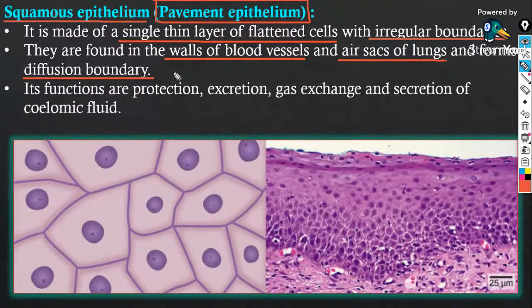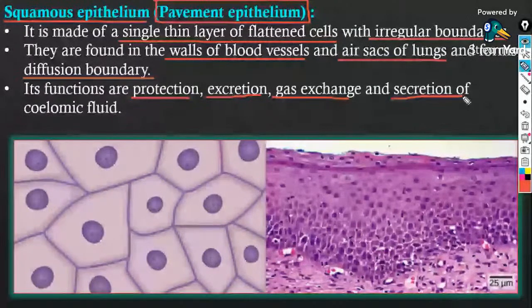From this part you will get questions like: name the type of epithelium present in the walls of blood vessels, or found in the air sac of lungs, or that forms a diffusion boundary. The answer is squamous epithelium. What are the main functions? Protection, excretion, gas exchange, secretion of coelomic fluid.